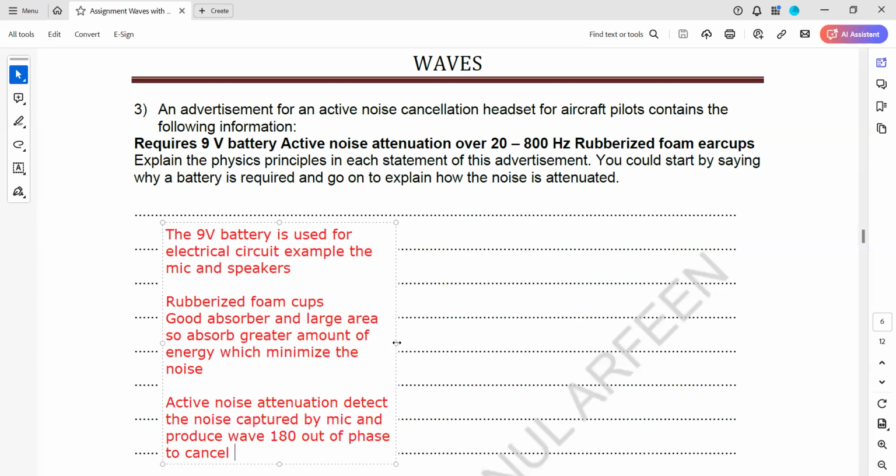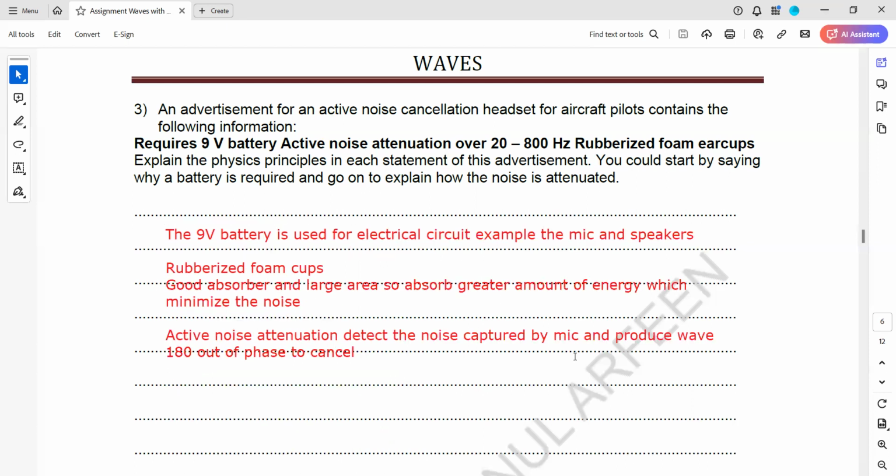So that's how the marks are distributed: 2 marks for mentioning the battery, 2 marks for the foam cup, and 2 marks for attenuation. Is it clear?